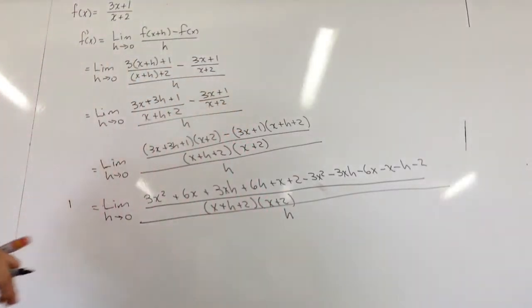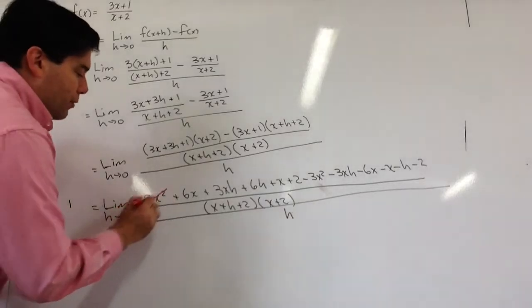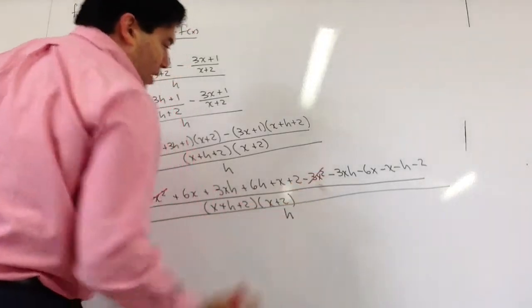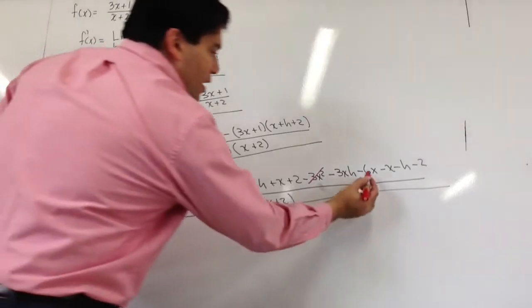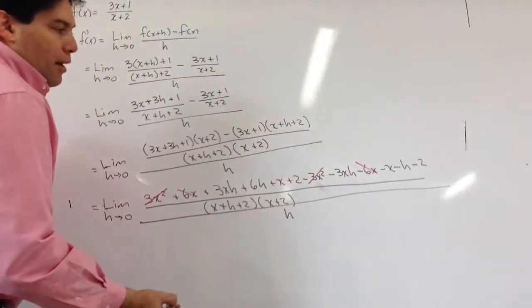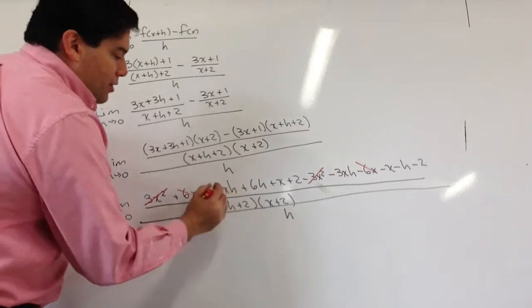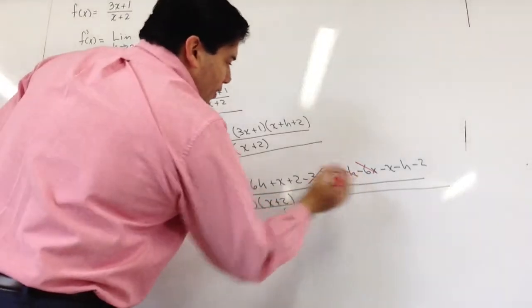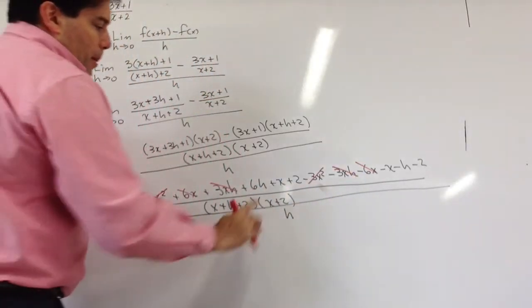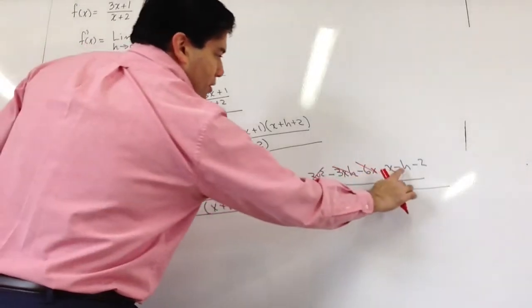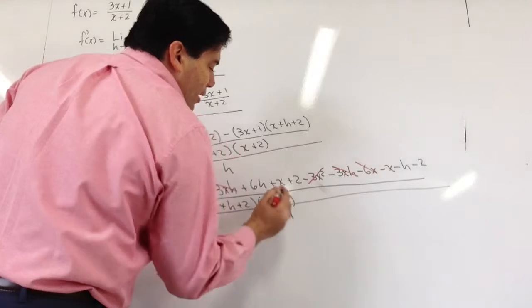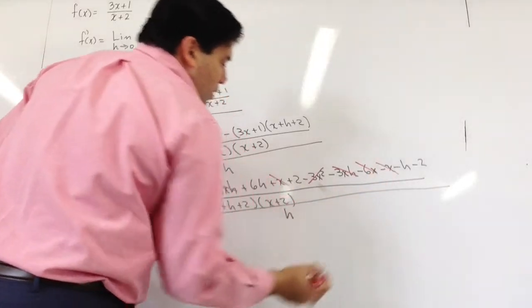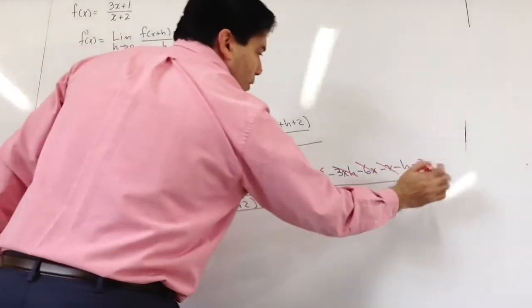Now let's see. Some of these terms will cancel. The 3x squared with a negative 3x squared. The 6x with the negative 6x. The 3xh with a negative 3xh. 6h doesn't cancel. x with a negative x. And positive 2 with negative 2.